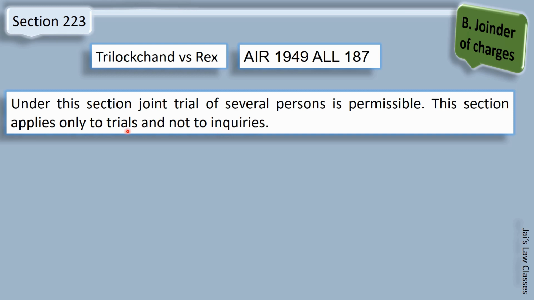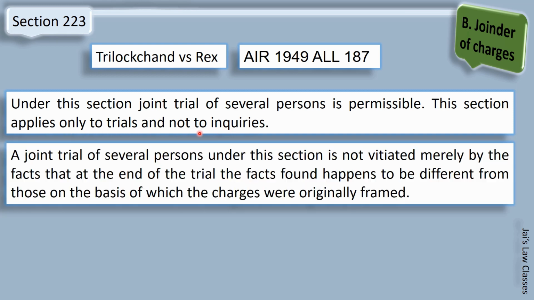Got the point? Supreme Court further says, a joint trial of several persons under this section is not violated merely by the fact that at the end of the trial the facts found happen to be different from those on the basis of which the charges were originally framed.